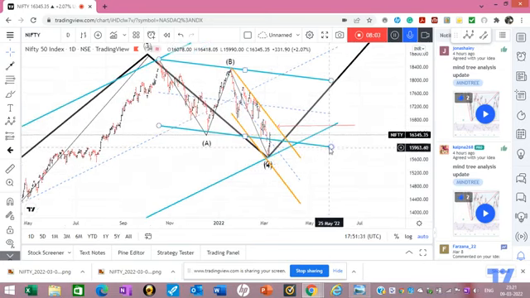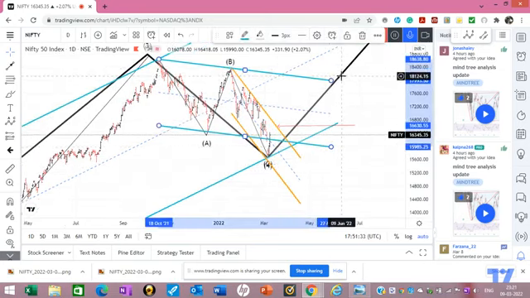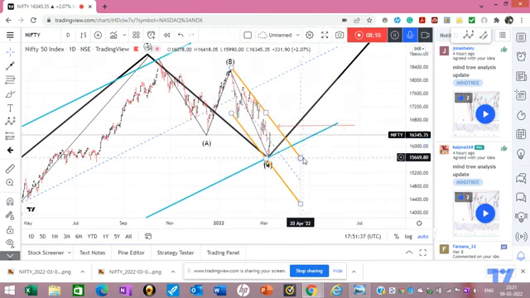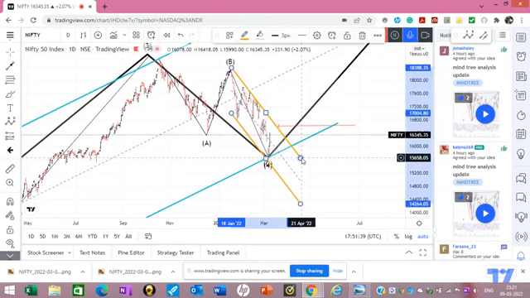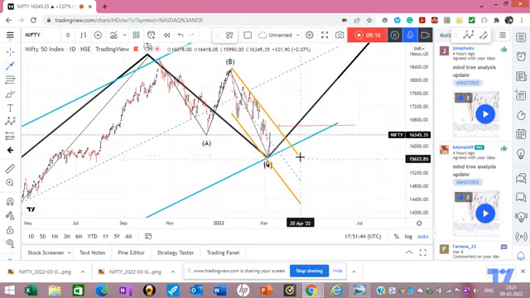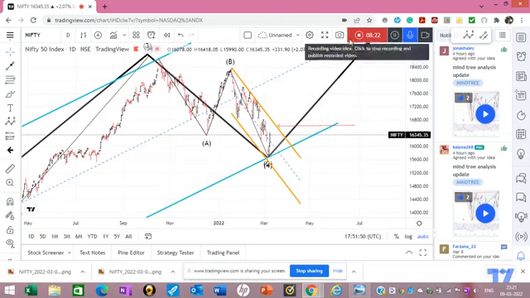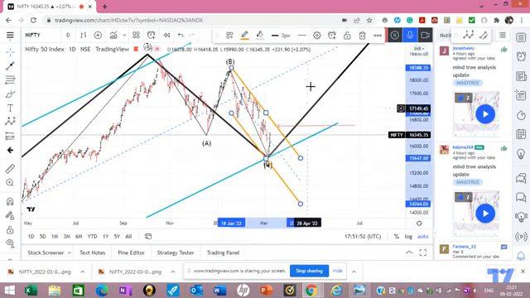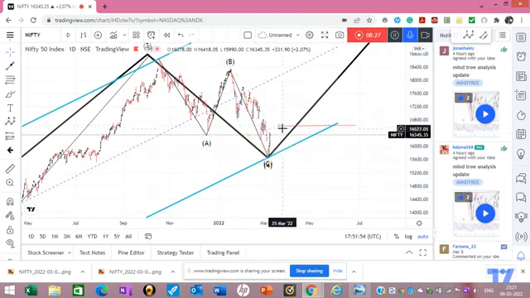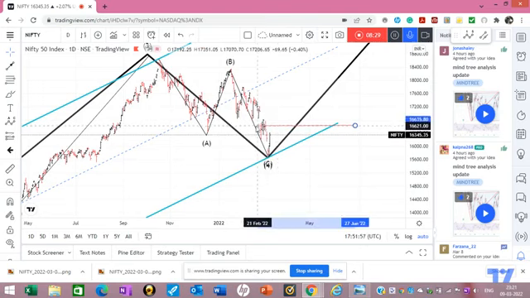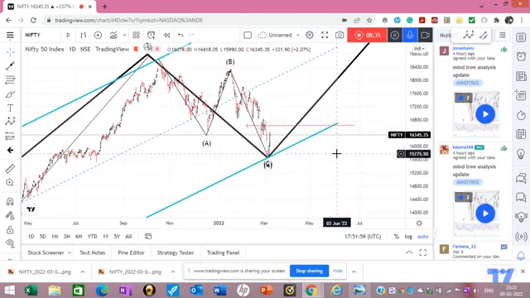I'm removing this. So this is the red line.